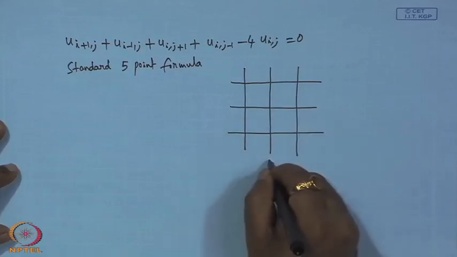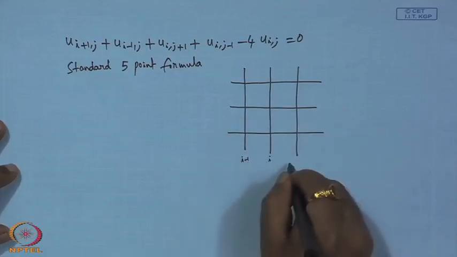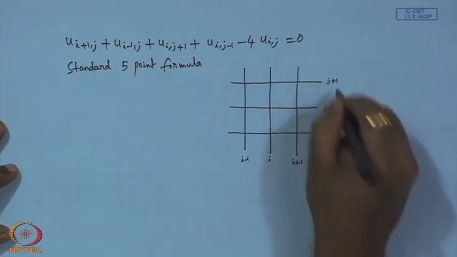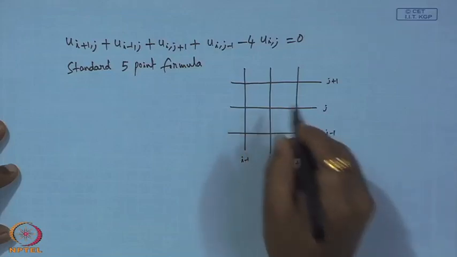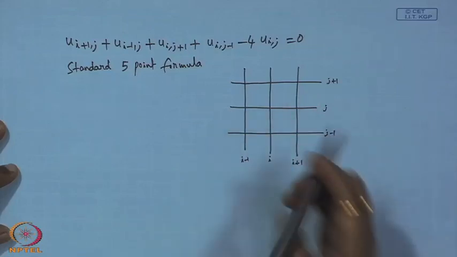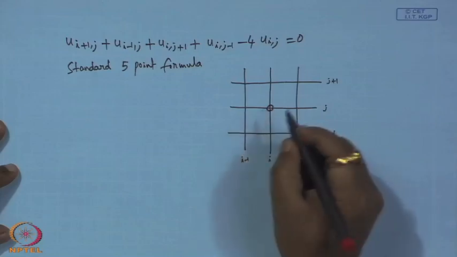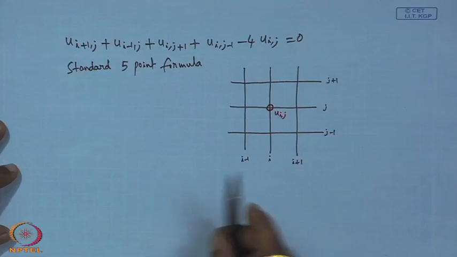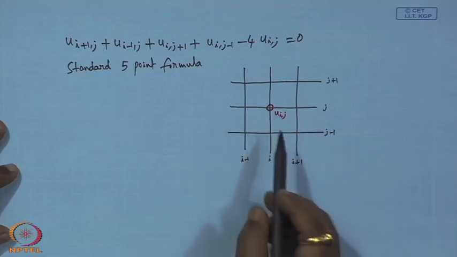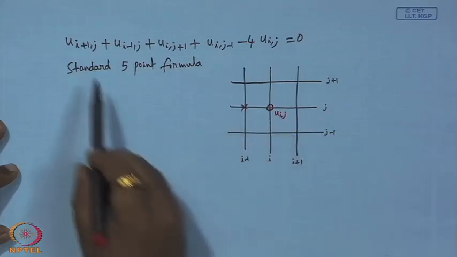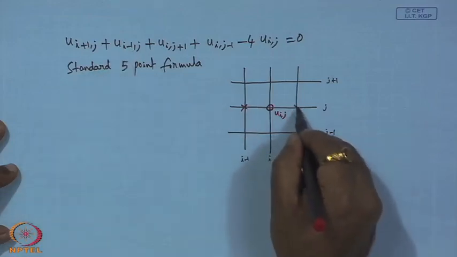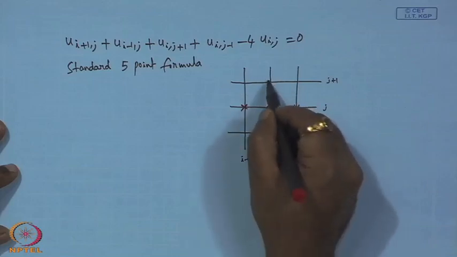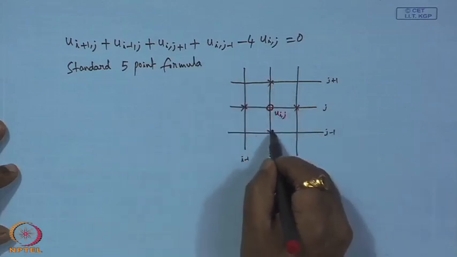Suppose this is i minus 1, i plus 1, j, j plus 1, j minus 1. Then this is u i j. Then we have u i minus 1 j, u i plus 1 j, u i j plus 1, u i j minus 1.